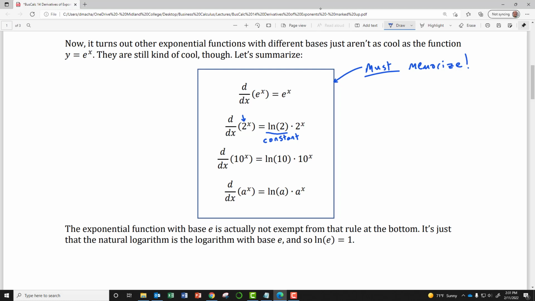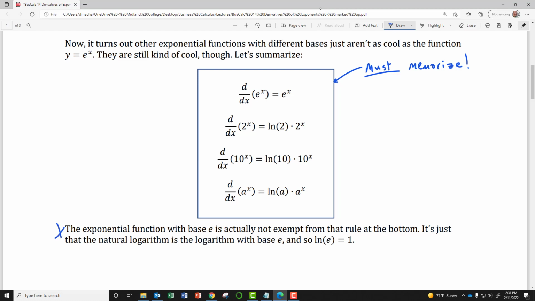Same thing for 10 to the power x or any other base. So I use lowercase a to represent just any other base of an exponential function. It's always going to be such that an exponential function has a derivative that's proportional to the output of the function, and that proportionality constant, if you will, that multiplier that comes out in front is always the natural log of the base.